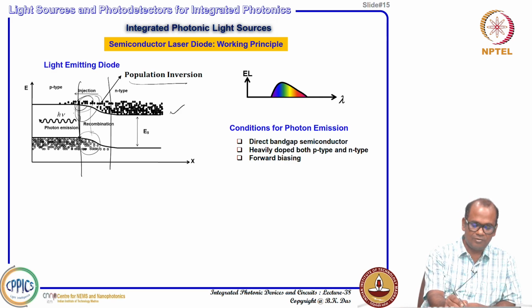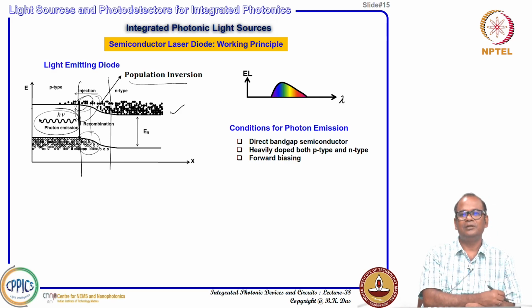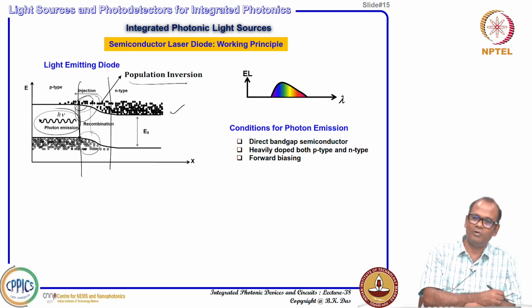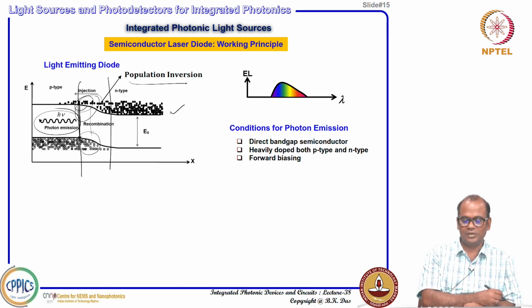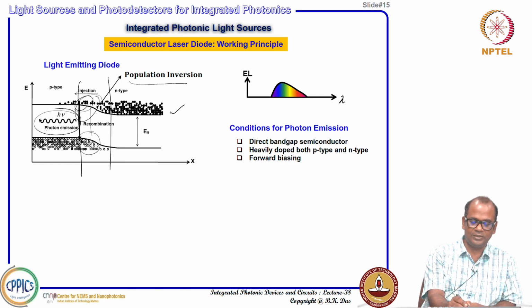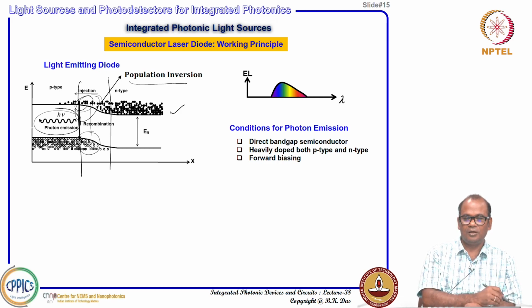That energy can be radiative energy like an electromagnetic wave, or one photon will be generated, and that is a natural process, it can happen spontaneously. If you have a large number of electron-hole recombinations happening, a large amount of photons will be coming out, and you can see something like a light source.